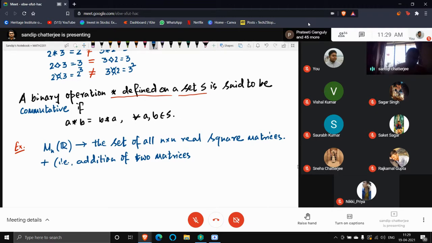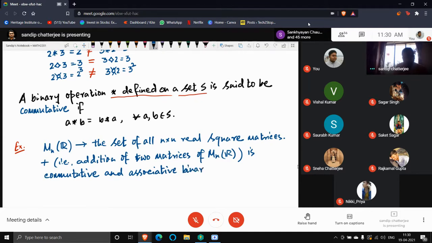So addition of two matrices on M_n(R) is a commutative, and will this be associative? Yes, sir. An associative binary operation on M_n(R). Okay, fine.